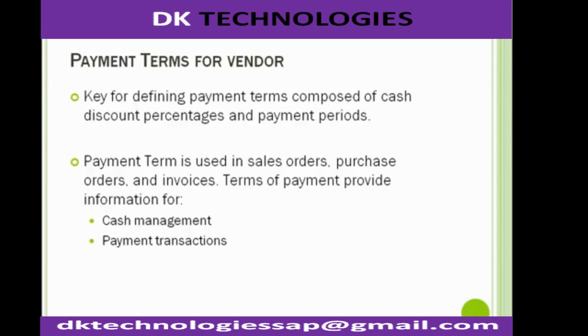So the system automatically lets you know when the payment is due, and if you make any payment before the due date, the system will also let you know the cash discount if you have maintained the cash discount percentages and time period on it. So payment term basically calculates your cash discounts, and it lets you know the payment periods when the payment for the vendor is due for the invoices.